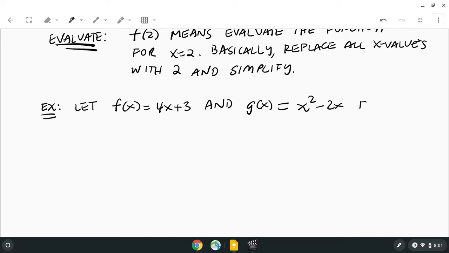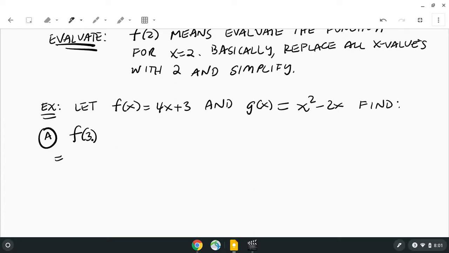Okay, so let's go ahead and find the following. A, f of 3. Okay, so what this means is, first of all, make sure you know which function we're dealing with, the f function or the g function. And so, of course, this here, since it's the letter f, we are dealing with this function here.